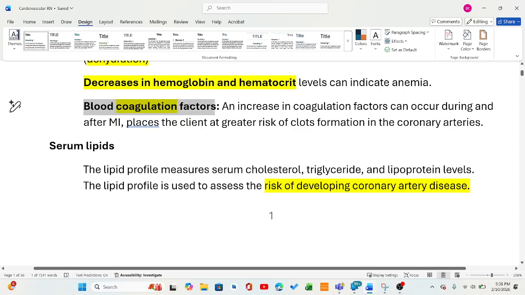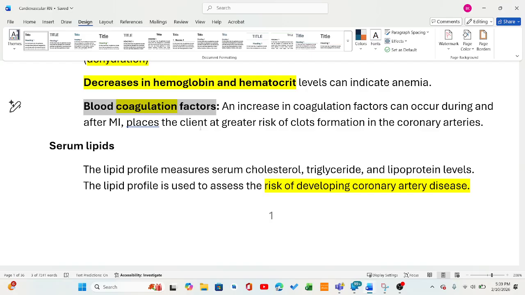The other labs I'm also going to talk about are the blood coagulation factors. Now, when we talk about blood coagulation factors, this is where we determine whether the person can clot their blood or they cannot clot their blood. So whenever any procedure involves bleeding, the doctor will order the coagulation factors to be carried out.